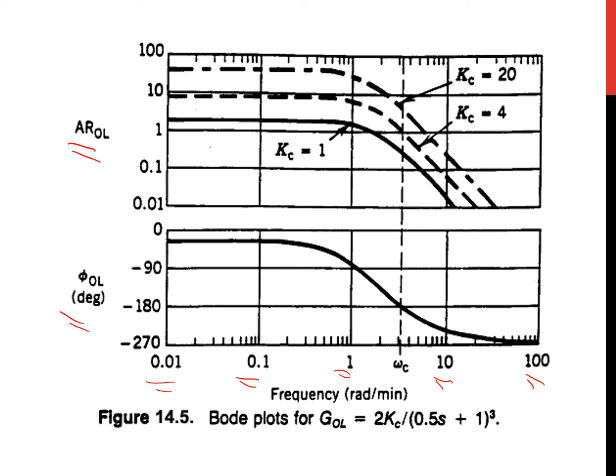In the end, you will have three different AROL curves and one angle curve. Why one angle? Because in the phase angle expression, you don't have any Kc. So when you change the value of Kc, the angle remains the same. But the AR will be different since the Kc value is changing from 1, 4 to 20. For AR, you have three graphs, and for the phase angle, you have one line only.